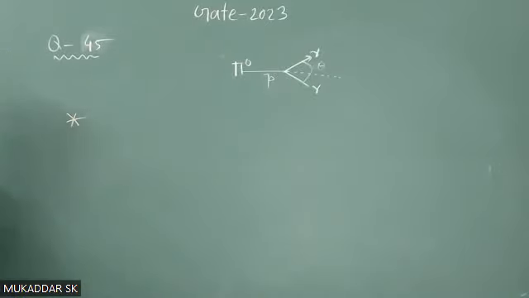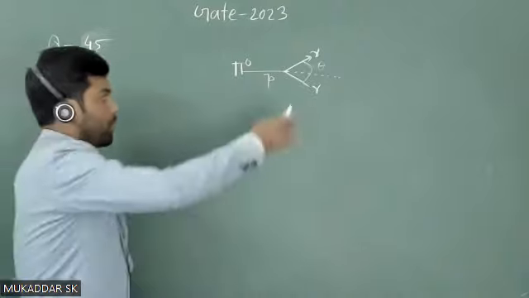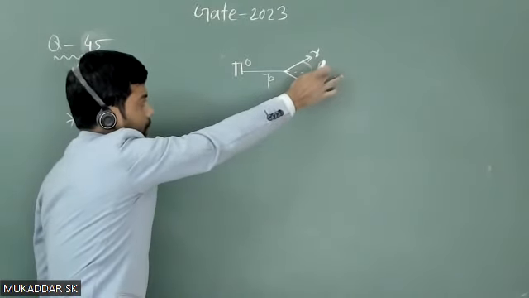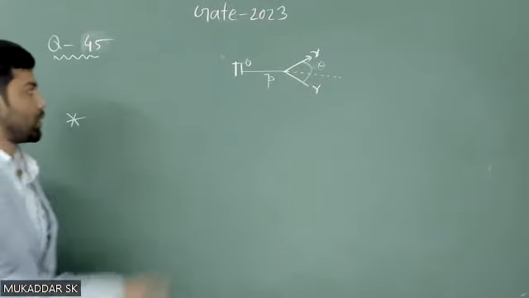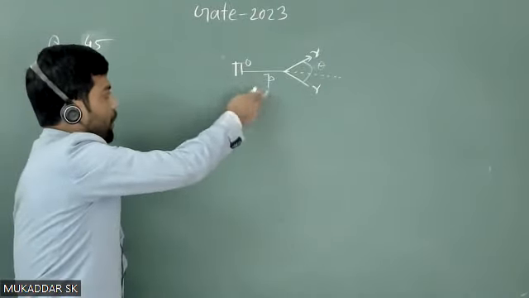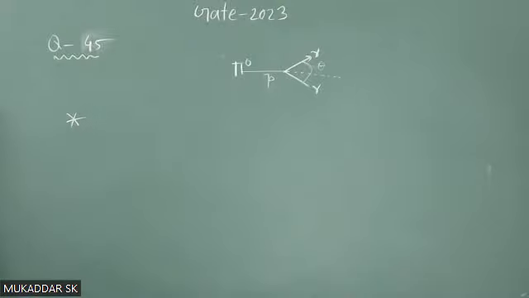You have to find the plot between angle theta versus momentum of the incident particle, or momentum of the pi zero meson. It's a very simple question. You just have to apply the trick.